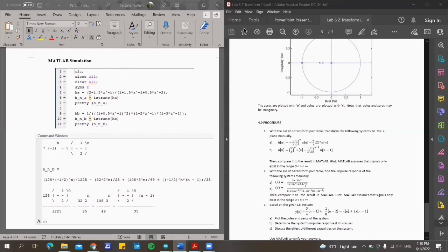As we know, the system is always assumed to be causal in MATLAB. As a result, each approach yields the same outcome, but they are slightly different from h[n] for the causal system obtained from MATLAB.